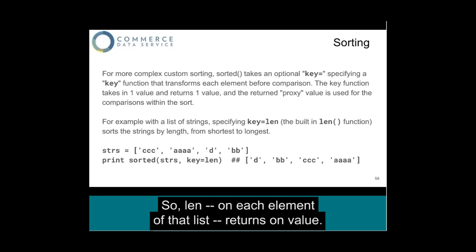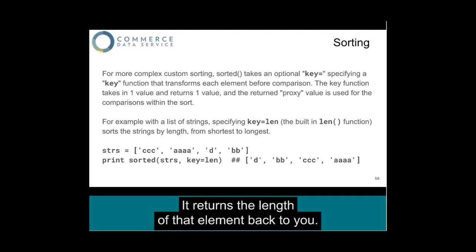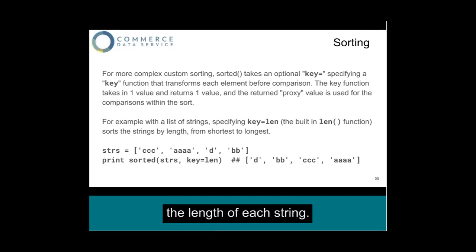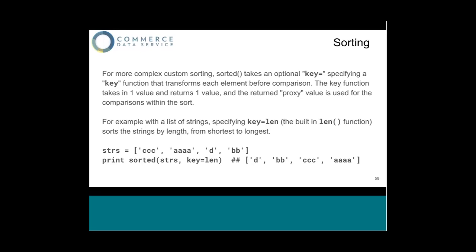It returns the length of that element back to you, and it'll sort by that returned value. So if we sort this list of strings by length, key equals len, it will sort in ascending order of the length of each string.